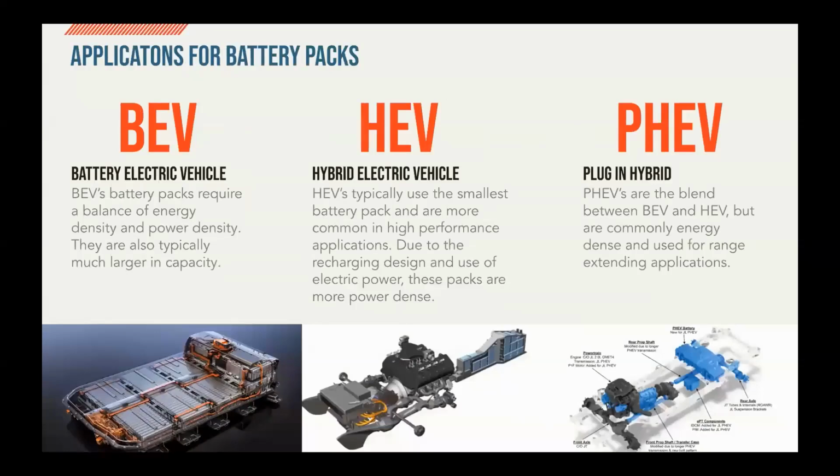Now we're going to talk a little bit about applications for battery packs in the automotive industry. Essentially, they're broken down into three different types of vehicle platforms: a BEV, or battery electric vehicle; an HEV, which is a hybrid electric vehicle; or a PHEV, which is a plug-in hybrid.